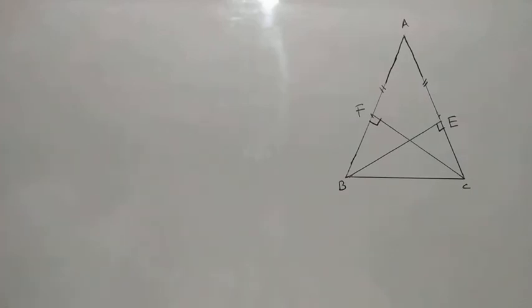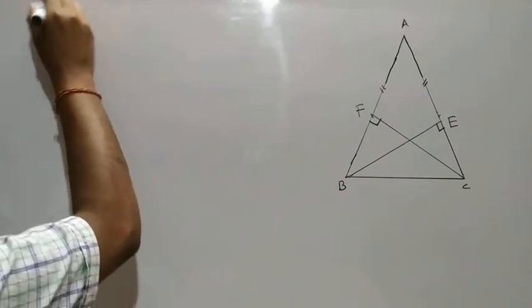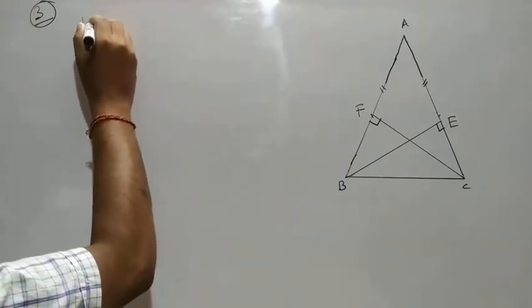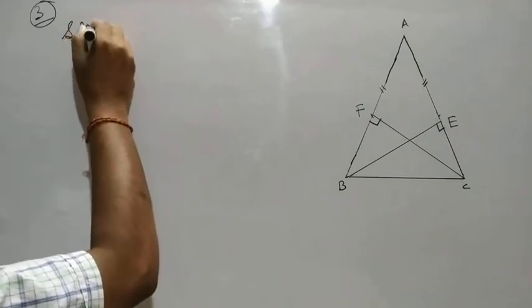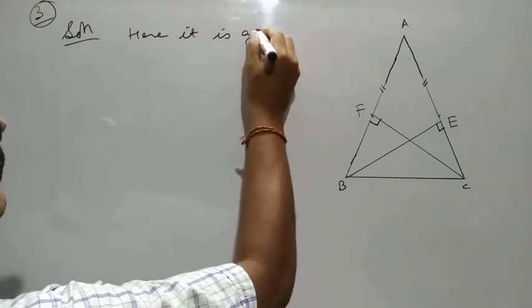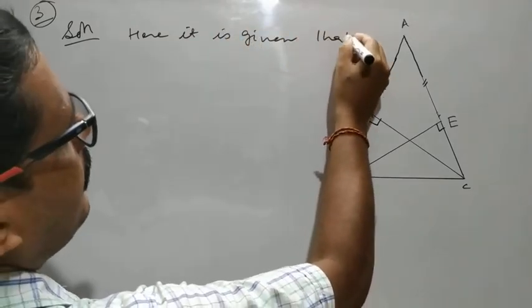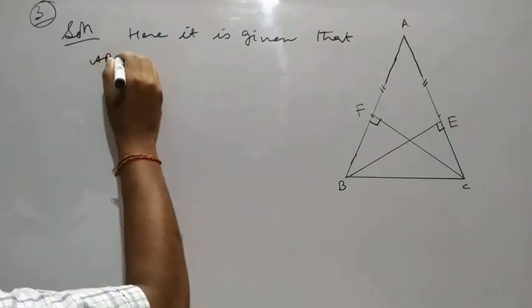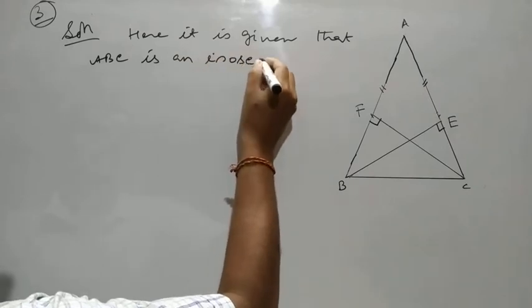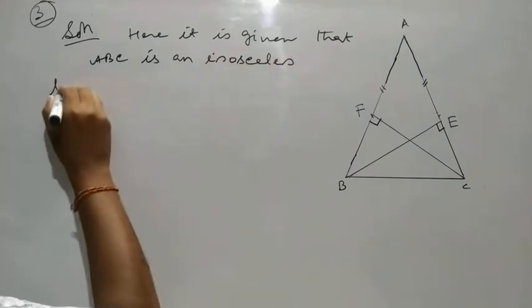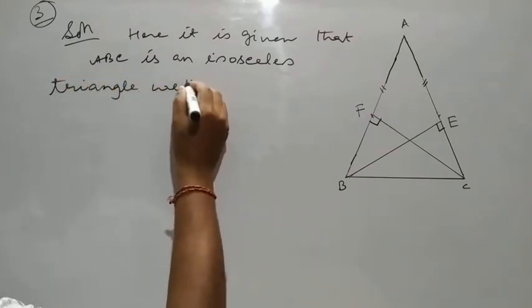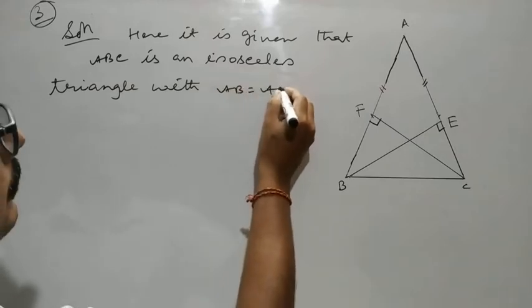Okay, now you see question number 3. Here it is given that ABC is an isosceles triangle with AB equal to AC.